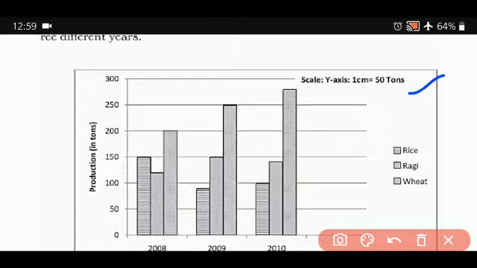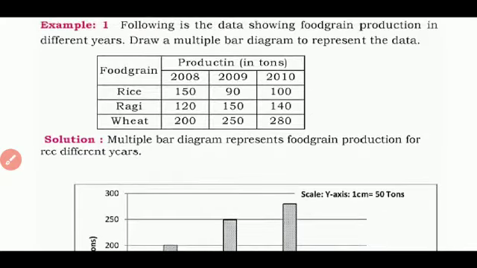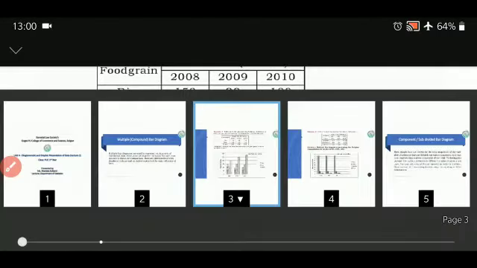Don't take a scale where the diagrams are very tiny. The bigger diagram should be shown, neat and attractive. The scale starts with 0, 50, 100, 150, 200, 250 and 300, so the maximum value it needs to take is 280.